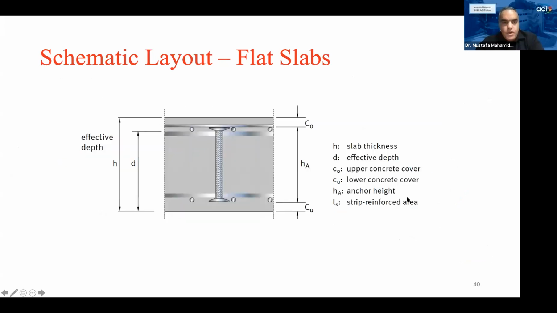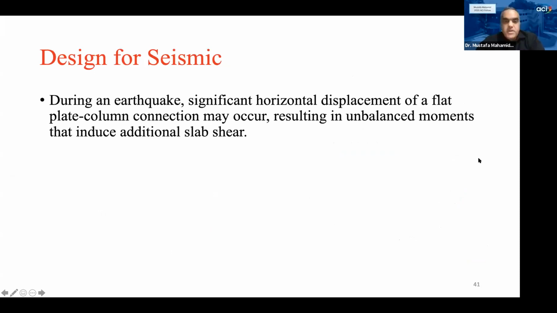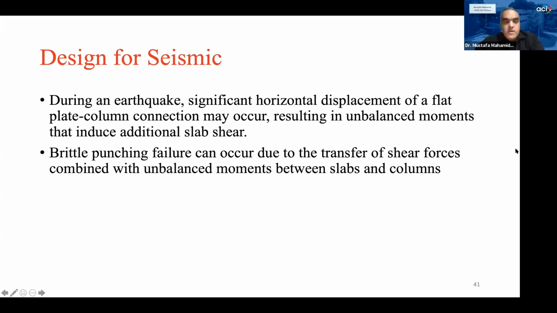Okay, so now design for seismic. During an earthquake, significant horizontal displacement of flat plate column connections may occur, resulting in unbalanced moments, which will produce an additional shear value.